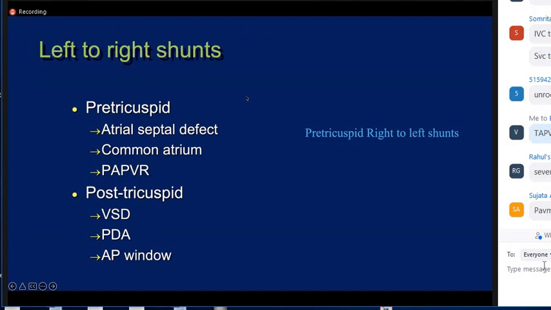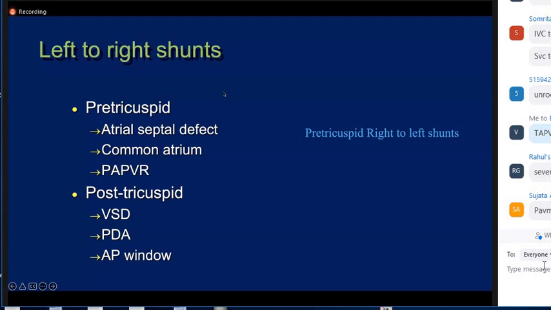Those are all obligatory right to left shunts. Whereas the pretricuspid right to left shunt is typically what people call PAPVR, or you can consider that SVC to LA. Somebody wrote pulmonary AVM, so those are the right to left shunts with the normal QP and QS.